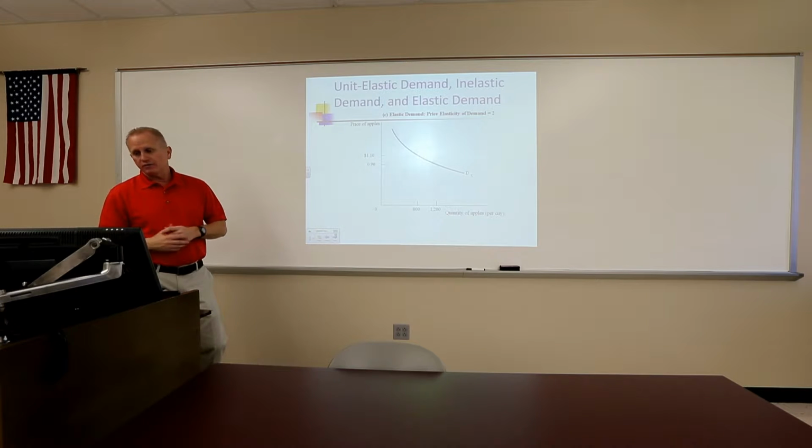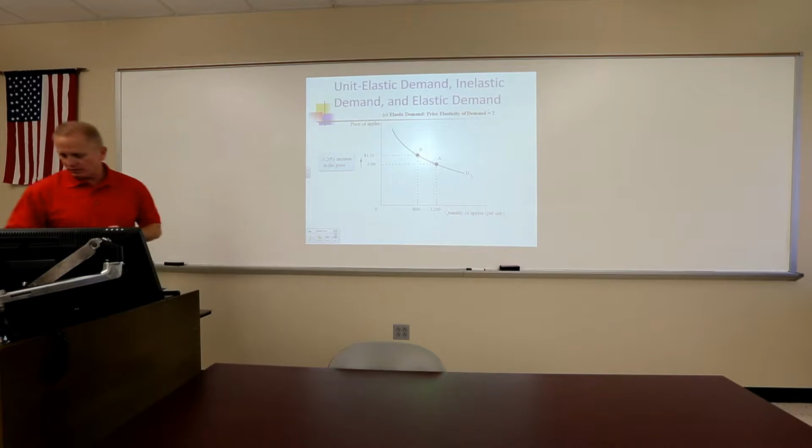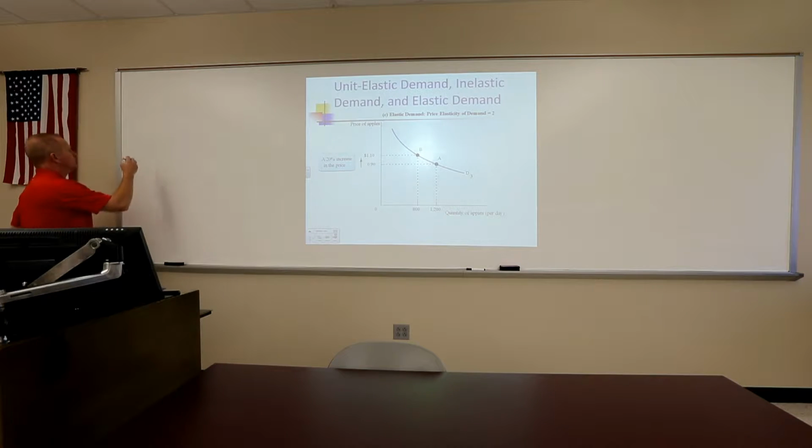Here's another picture of it. We're going to actually do the calculation here so you get another practice problem on it. I'll go ahead and put up the numbers again. So here's the price and quantity.